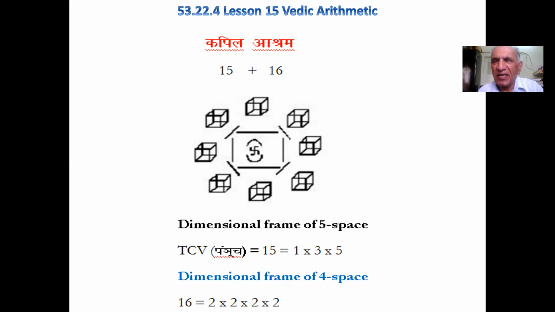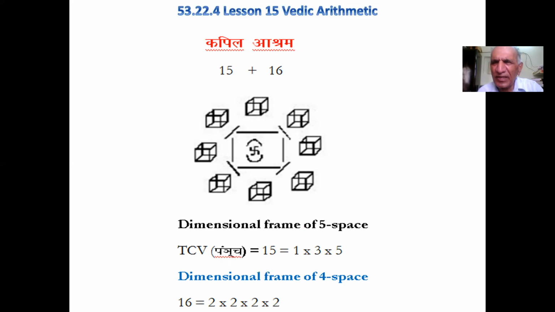The Sankhya Nishtha approach is the approach of the Kapil Muni. The ashram of Kapil Muni at core of the earth will take us to the formulation 15 for Kapil and 16 for ashram. The summation value is 31.